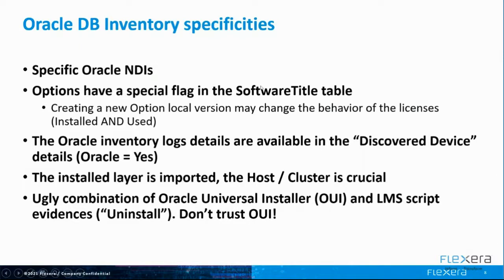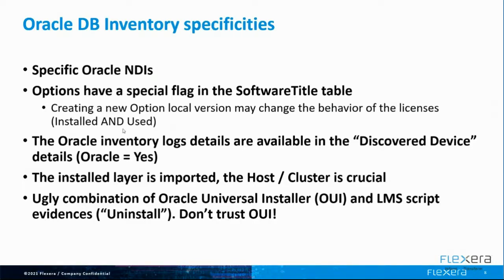The options in the ARL, in the software title table, have a special flag, which means that if you create a new option, let's say, of a new version, it could be dangerous because the little flag that says, I'm an Oracle option will not be present. And when the license starts calculating license consumption, it may consider each option of your local title, even when just installed and not used, to consume the license.